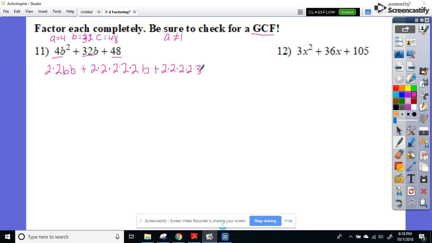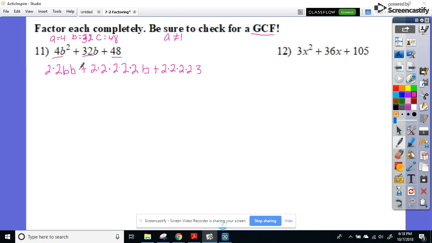I'm going to silence my phone. And then I'm going to check on my calculator and make sure that I did that right. I'm going to say 2 times 2 times 2 times 2 times 3. Yep, that gives me 48.